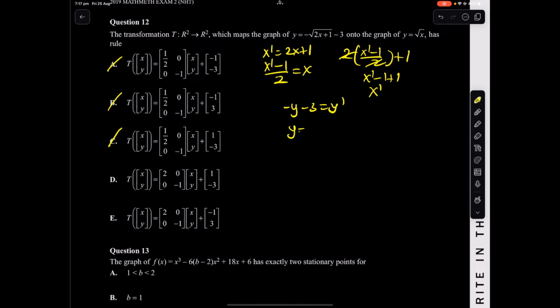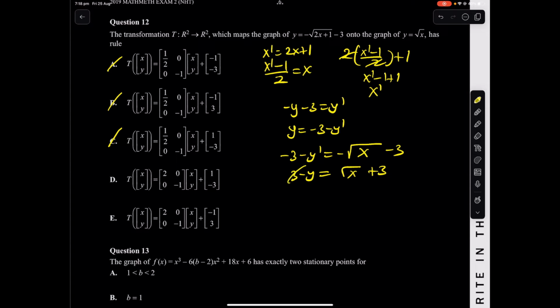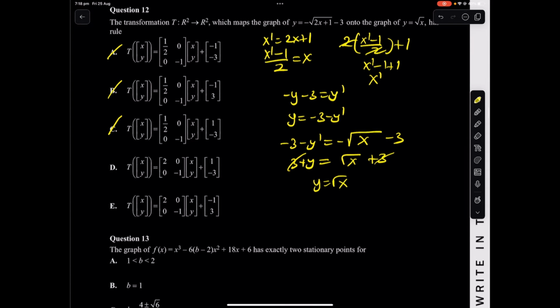So y equals negative 3 minus y dash. And if we put that y in here, for example, what happens? Well, we're saying negative 3 minus y dash is equal to negative, let's say, x minus 3. So it'll be 3 minus y, root x plus 3. And these three cancel, oh, that's supposed to be a plus, yeah? These three cancel out, so y equals root x. Yes, works perfectly. D is your answer.